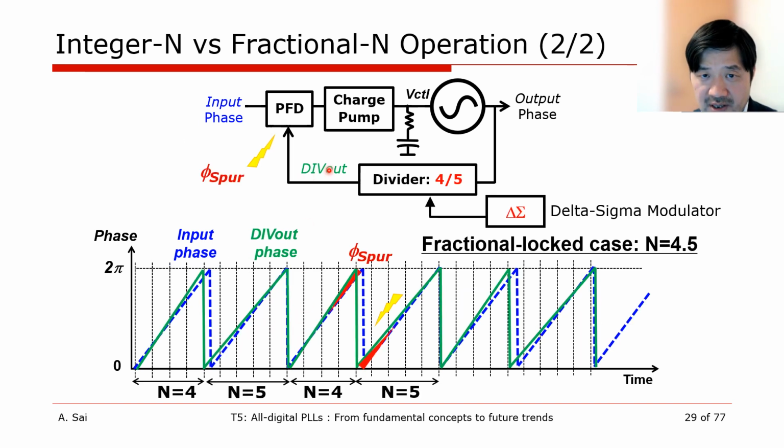This figure shows the case where the analog type 2 PLL locks the output phase with respect to the reference phase with a division ratio of 4.5. The division ratio is switched between 4 and 5 by the delta sigma modulator.